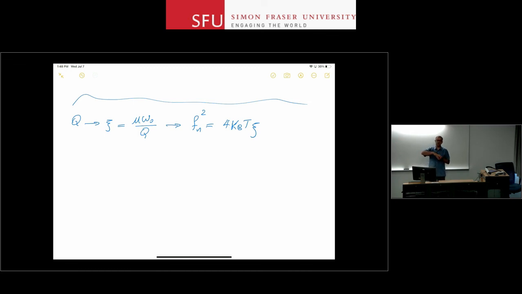So this noise force is affecting my accelerometer. Well, if I want to figure out how much is the equivalent acceleration, what I can do is divide it by the mass.